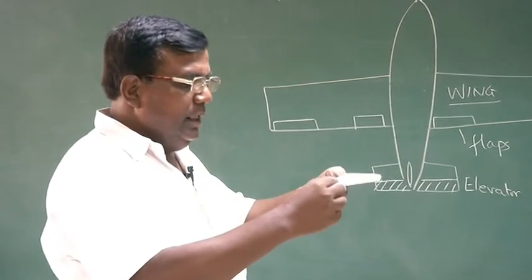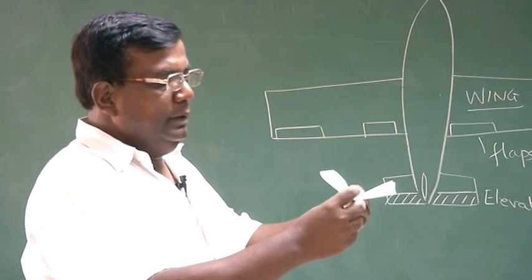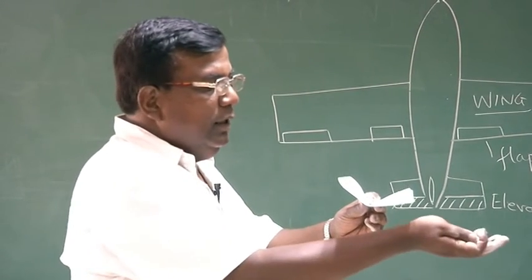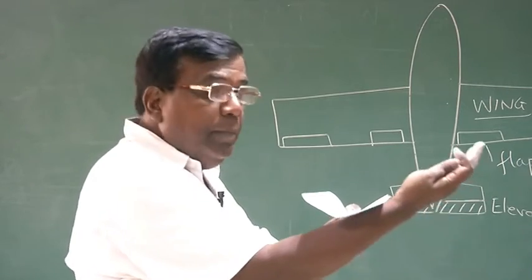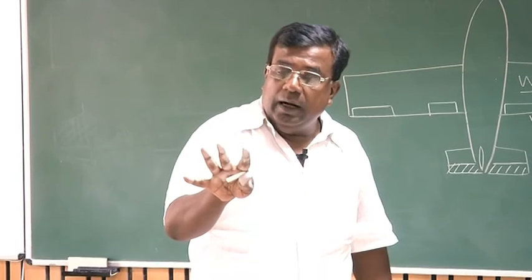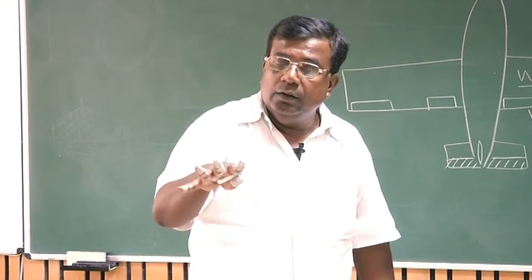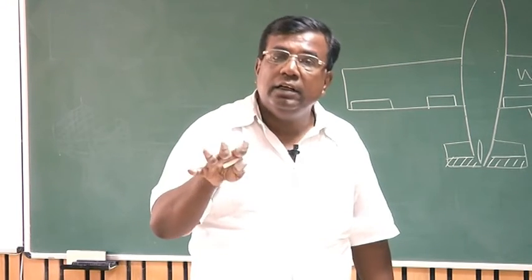In contrast, if I put the elevator up, now the force will be downward, so the nose of the airplane will go up. We say the airplane will go nose up. So to take the airplane attitude up, I will put the elevator up. To take the nose of the airplane down, I will put the elevator down.